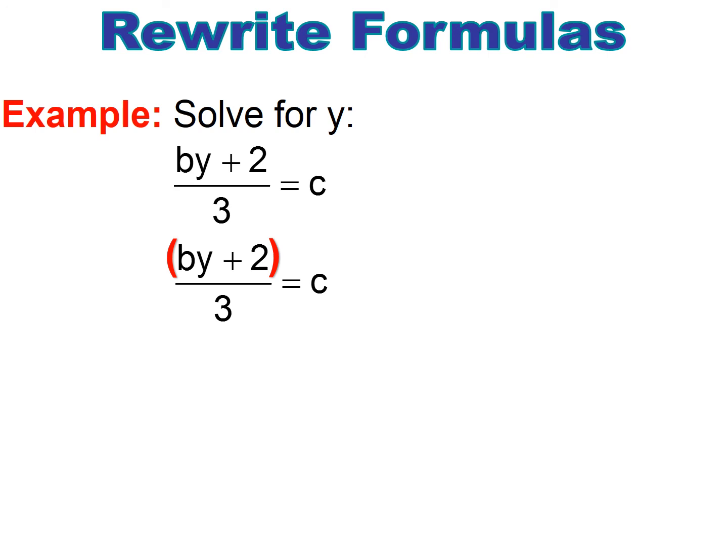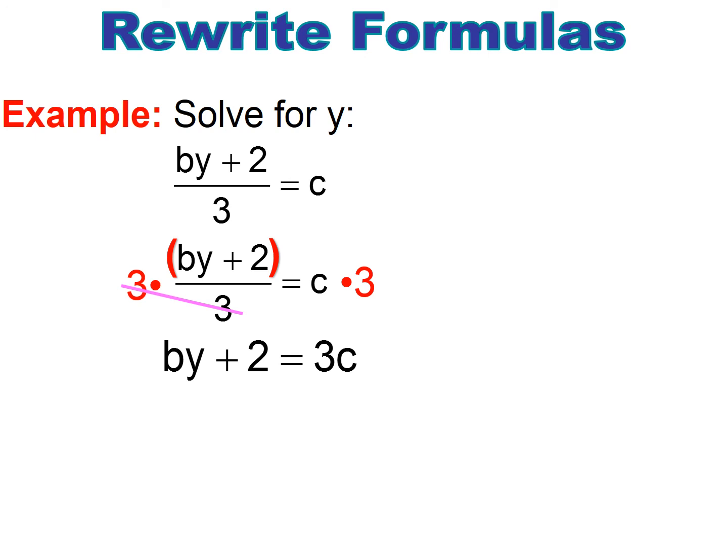So I want to multiply both sides by 3. Now that's what's going to cancel out that 3, and that expression that's on top is just going to come out. So I put parentheses around it to represent that it is one piece that goes together.